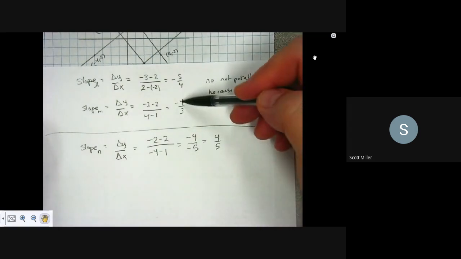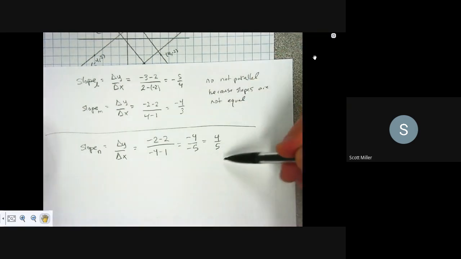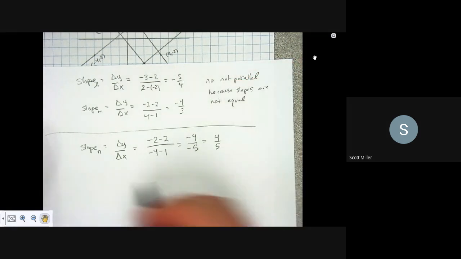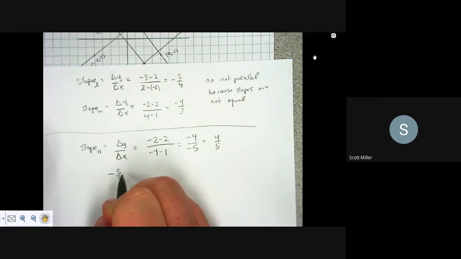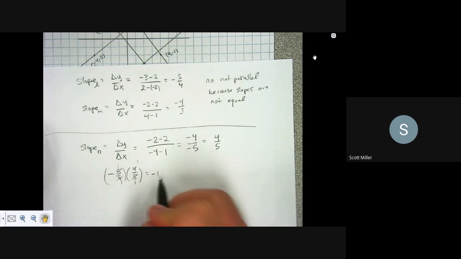Well, I know it's not that one. If I take the negative reciprocal of this, in other words, flip it over and change the sign, I get that one right there. If I multiply these two numbers together, -5/4 times 4/5, all these reduce out, become 1s, and I get -1.